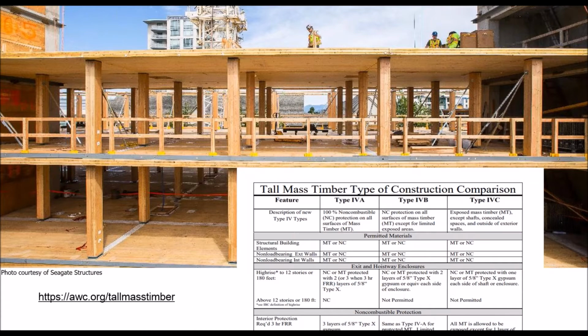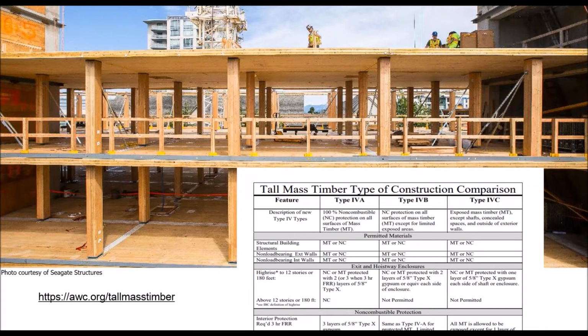So, for example, in a Type 4C structure, you can have your mass timber exposed pretty much anywhere except for shafts, concealed spaces, and the outside of exterior walls. Whereas in a Type 4A structure, you have to have 100% non-combustible protection on all surfaces of your mass timber. So your Type 4A structure is obviously going to allow you to go taller than a Type 4C structure, but there's trade-offs with the amount of mass timber that can be exposed and things like that.